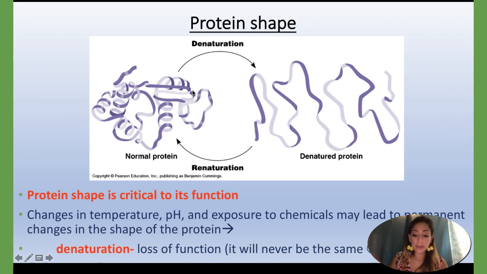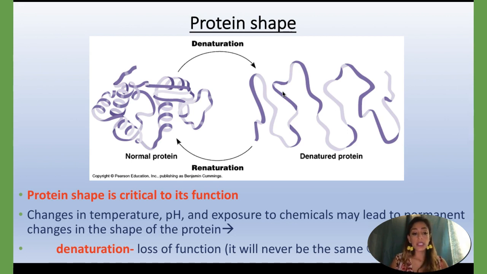It's dead, it's done, it cannot reverse and go back. A denatured protein means it's been deformed and it is not usable anymore. That's what denatured means: the form of the protein has been changed and it's no longer useful.